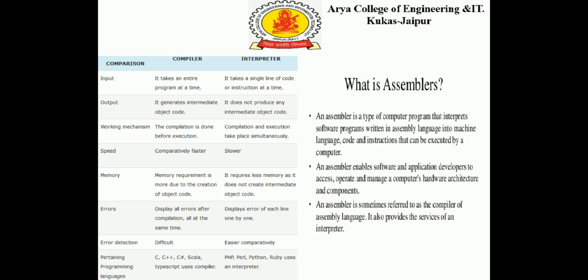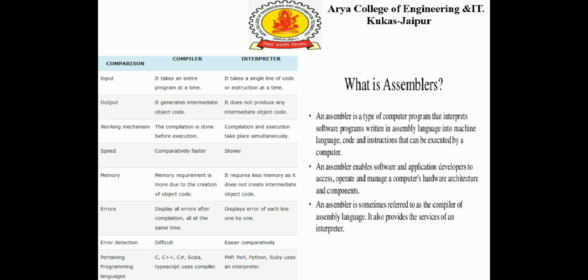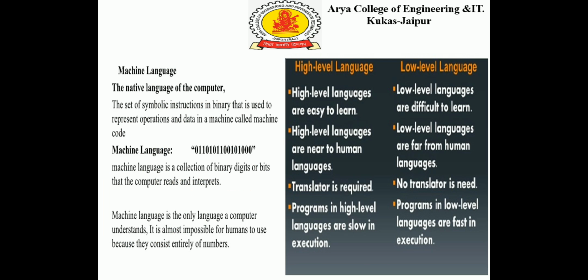An assembler enables software and application developers to access, operate and manage computer hardware architecture and components that are nearer to the hardware. An assembler is sometimes referred to as the compiler of assembly language. It also provides the service of an interpreter. So we will be studying these three in comparison: compiler, interpreter and assembler for assembly language.